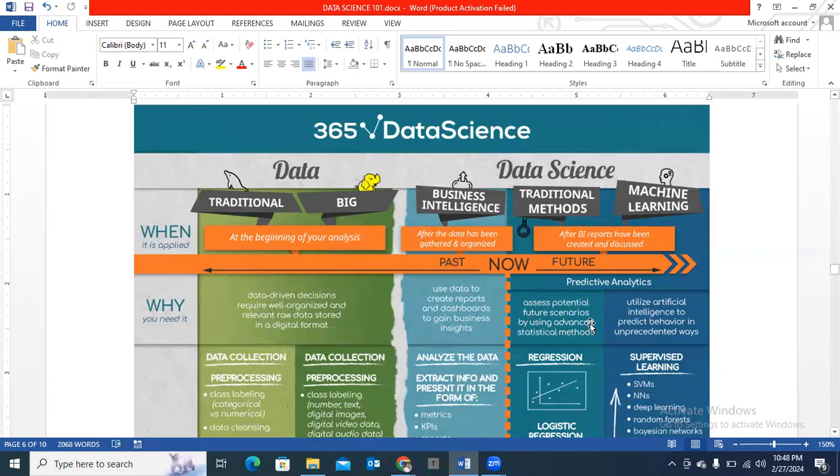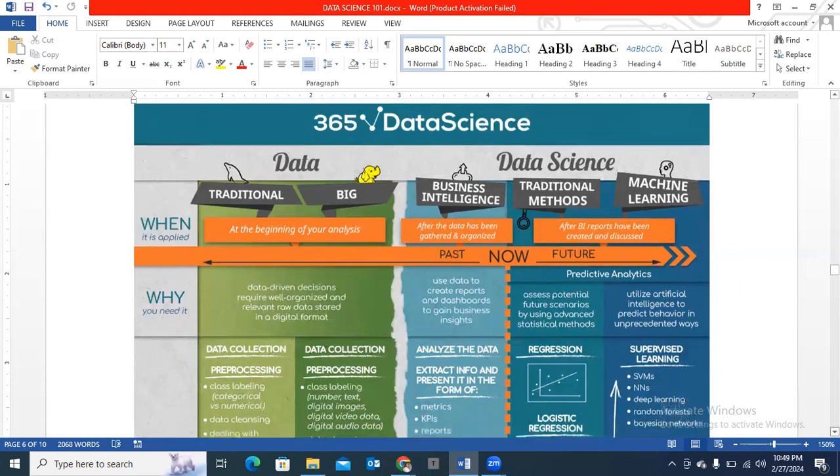So you can make a prediction. That is why we need these traditional methods of data analysis or machine learning: we want to make predictive analysis. In the traditional method, you use statistical methods, the advanced, traditional statistical methods, while in machine learning, you use artificial intelligence to predict behaviors in unprecedented ways.